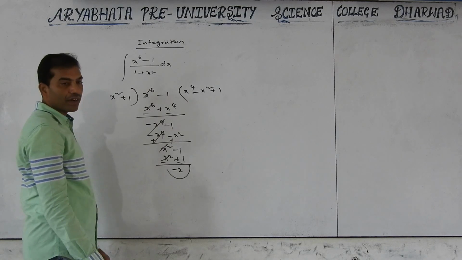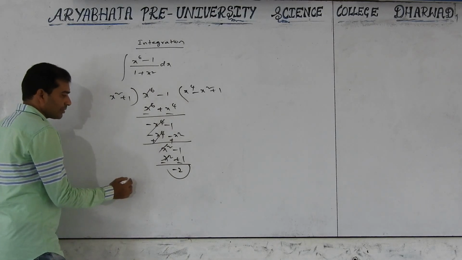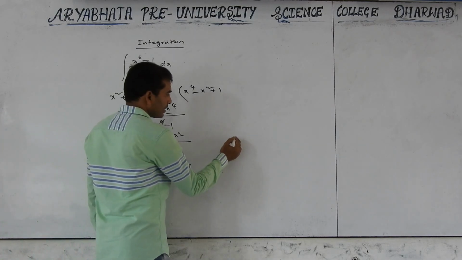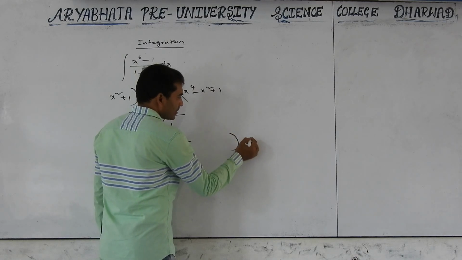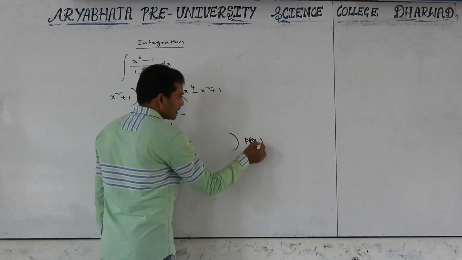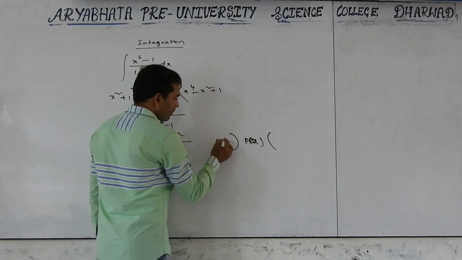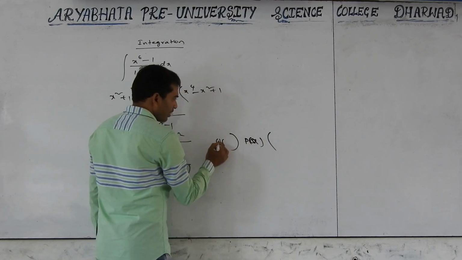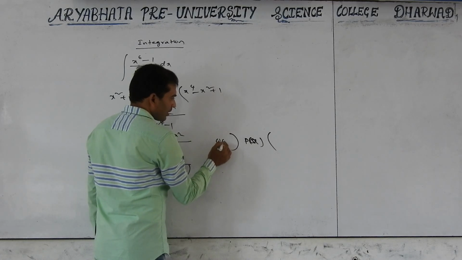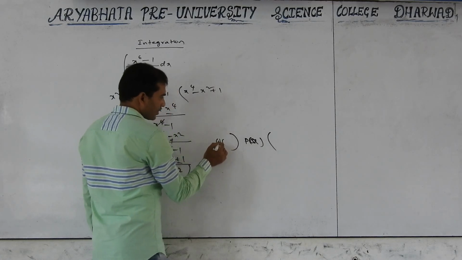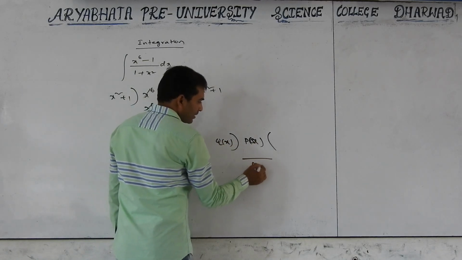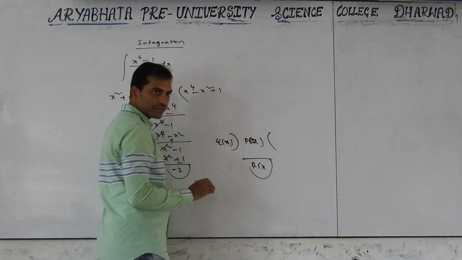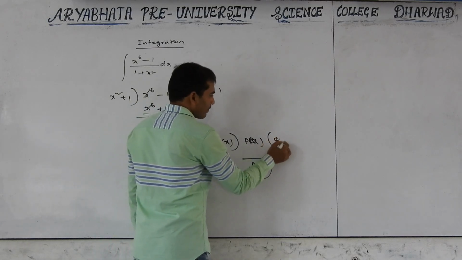This is by the division algorithm concept. For example, this is p of x, and let this be q of x. P of x divided by q of x gives some remainder, that is called r of x, and a quotient q of x.